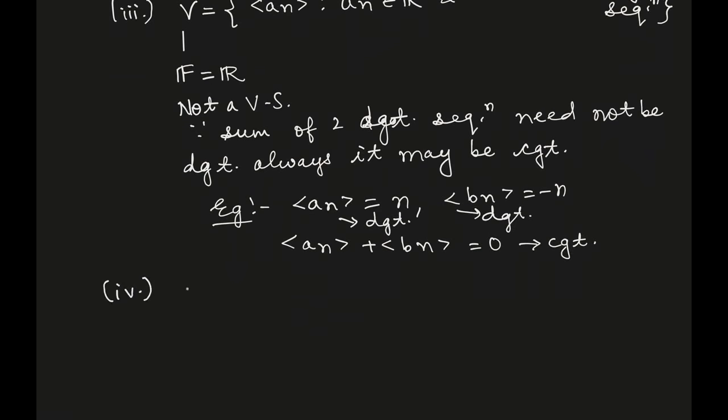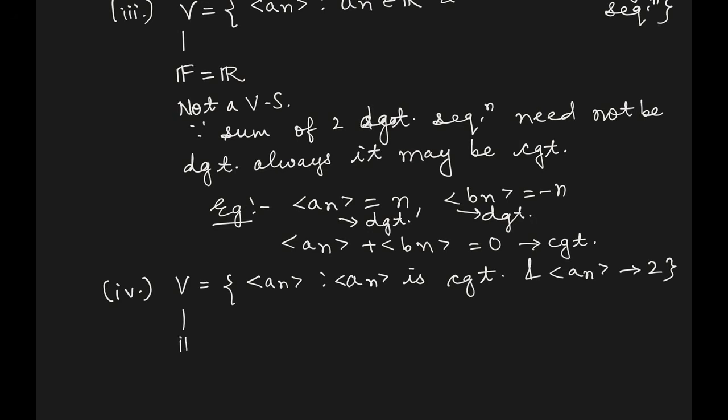Fourth example, V is equal to sequence an such that the sequence an is convergent and it converges to 2. What about this? It is not a vector space. Reason?